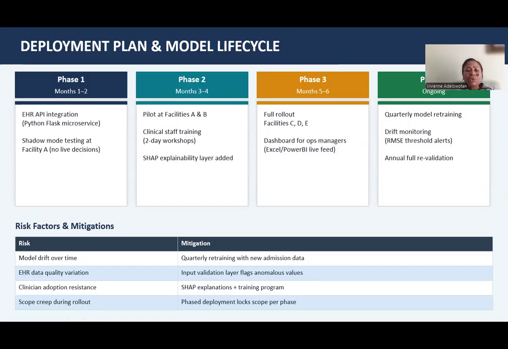And this builds trust before any operational changes are made. And the SHAP values in phase 2 give every prediction a plain language explanation, which is what clinical staff have consistently asked for in similar rollouts.